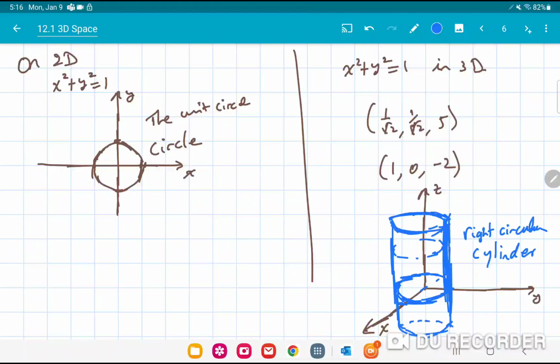All right, so this is just an intro on the 3D xyz axis, and I will continue with distance in the next video.